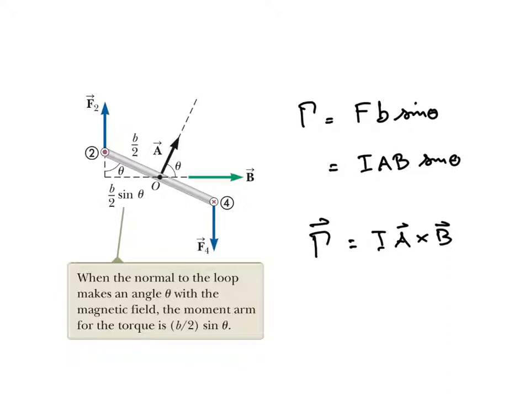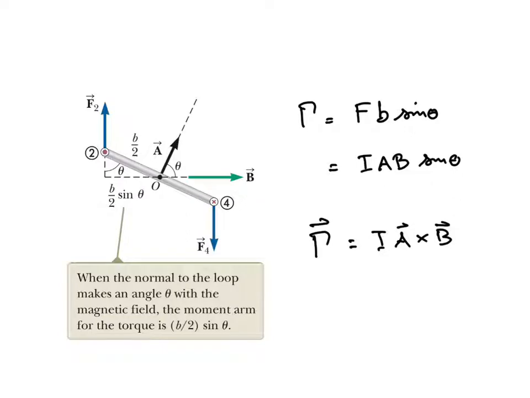Now, the total torque again is the sum of the torques from the force F2 and force F4. We know that the magnitudes of F2 and F4 are the same, so the total torque is equal to F b sine theta.